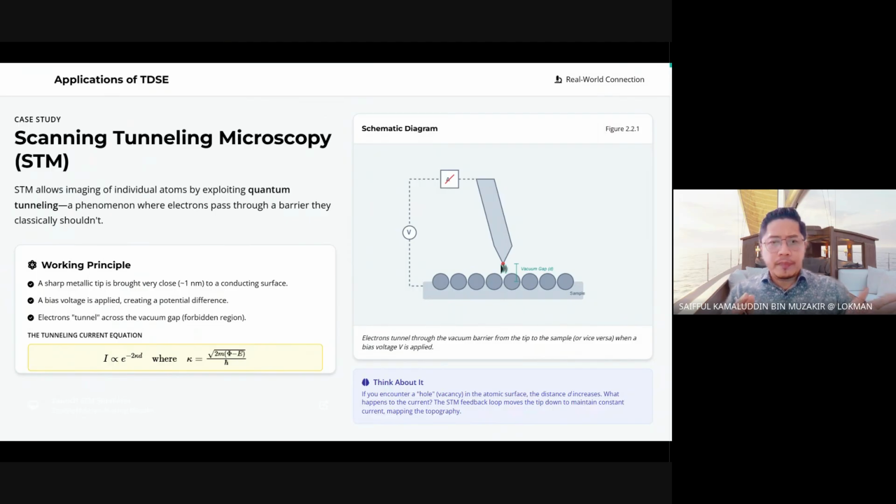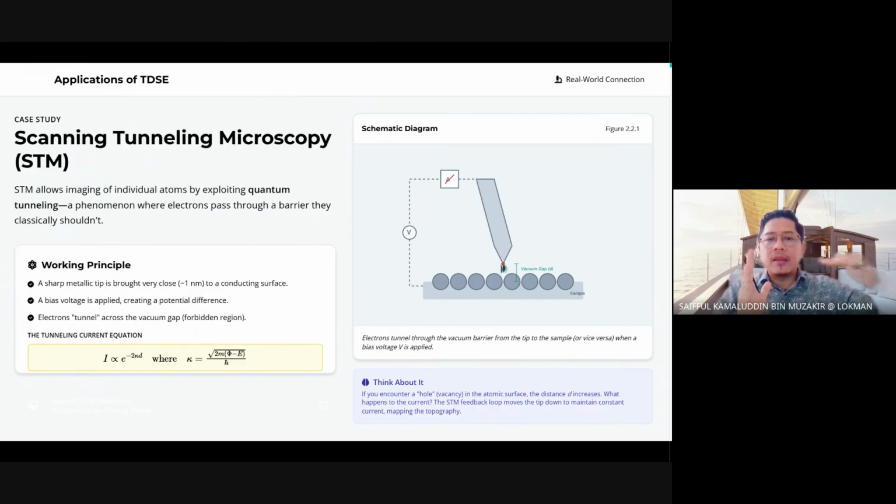Now, let us connect the theory to a real instrument. The scanning tunneling microscope, or STM, works because of quantum tunneling. We haven't discussed this yet, but it comes after the time-dependent Schrodinger equation. Classically, if an electron does not have enough energy to cross a barrier, say the electron is traveling but there is a barrier in front, it cannot pass through, even if the barrier is very high.